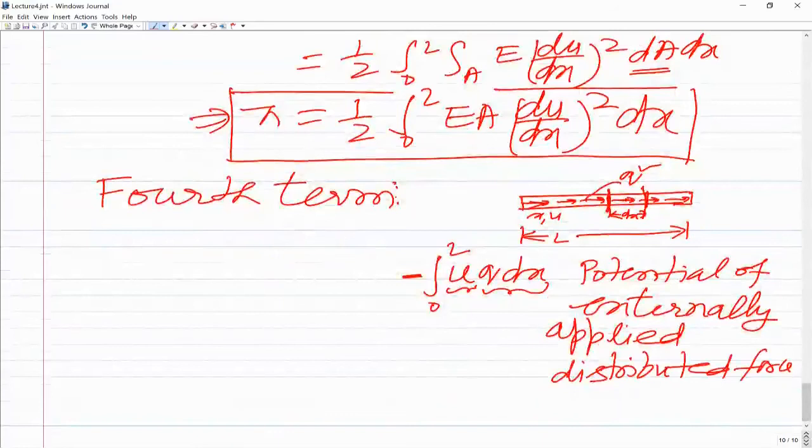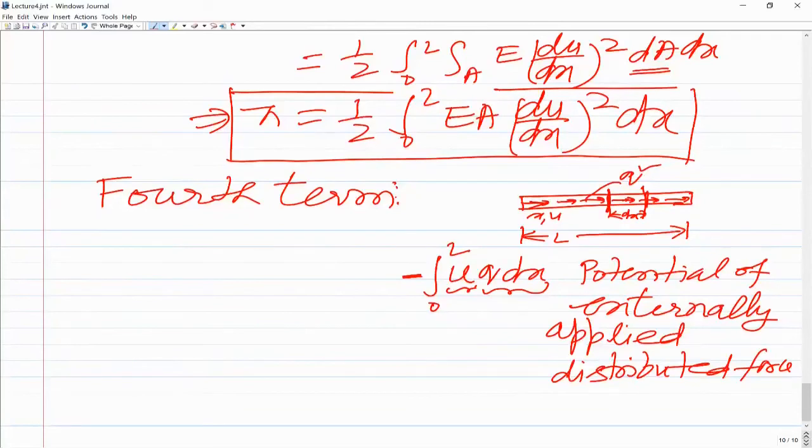So the minus sign is why? Because the potential is the negative of the work done. And the datum for that is taken as the undeformed configuration. Of course, the datum for the strain energy is the undeformed configuration, and the datum for this potential of Q is also the undeformed configuration.